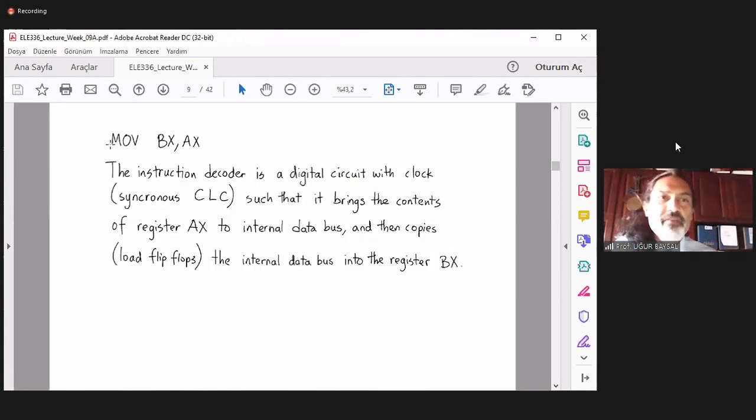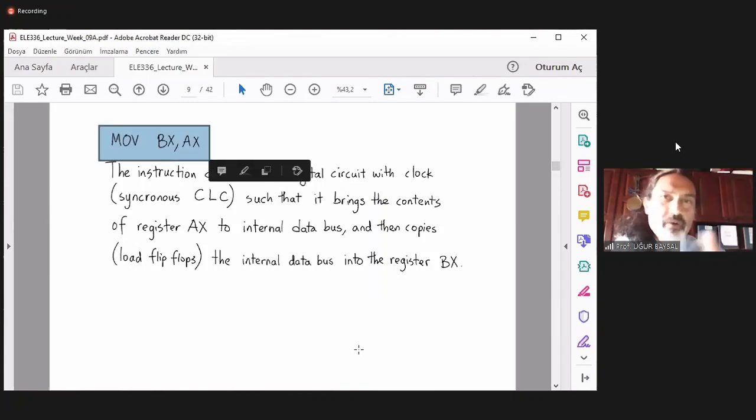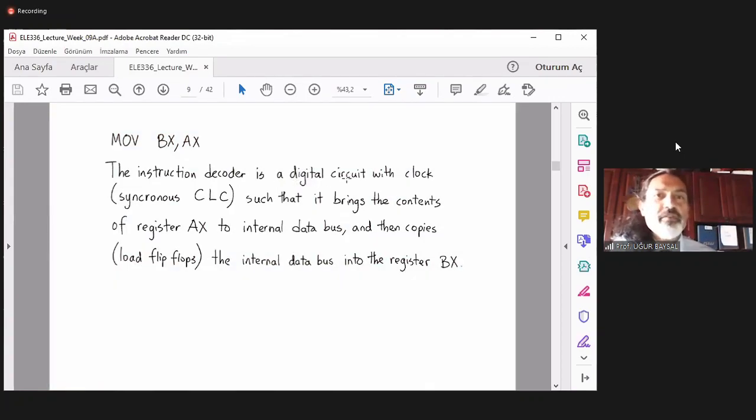So if this instruction is written in your code, the instruction decoder, a digital circuit with a clock, a synchronous clocked logic circuit, brings the contents of register AX to the internal data bus, and then copies. Copy means loading the flip-flops of the associated register from the internal data bus into register BX, okay?